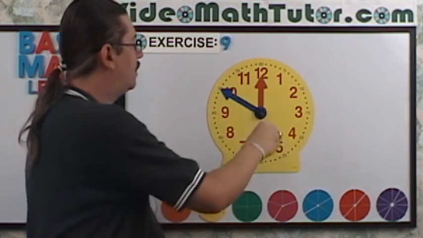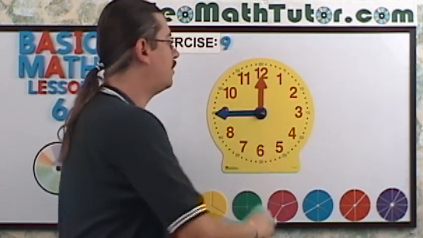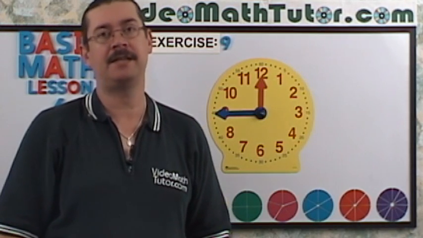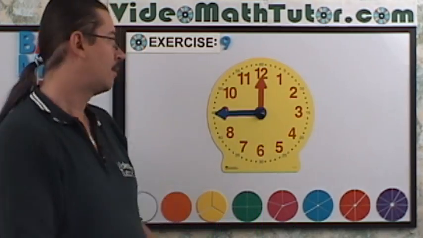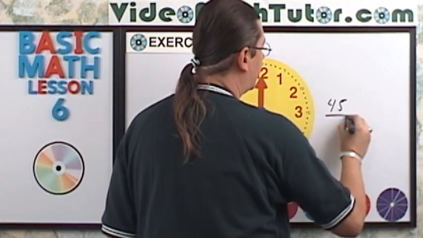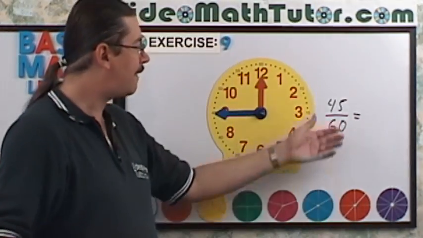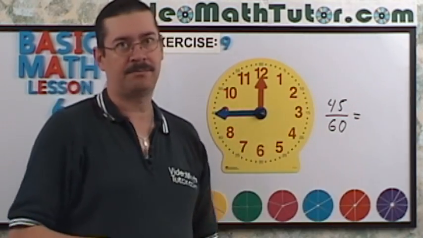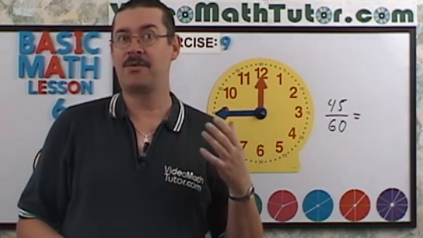Now let's change the minute hand from here to right there. I want you to create the original fraction and then the lowest form. Well, 45 minutes have passed, so now we have 45 over 60 equals. Now we can start dividing these numbers by 5s or maybe 3s, but there's actually another way of thinking about this.